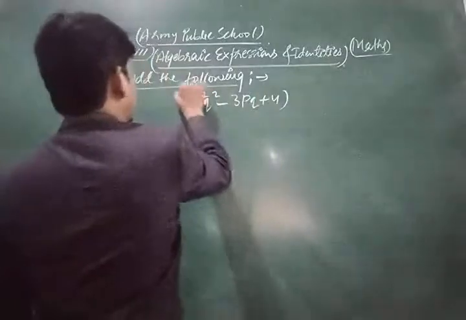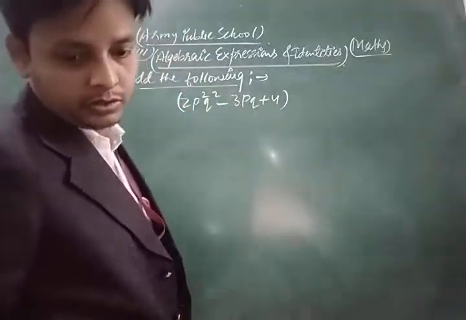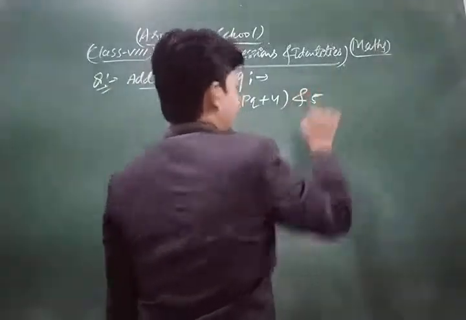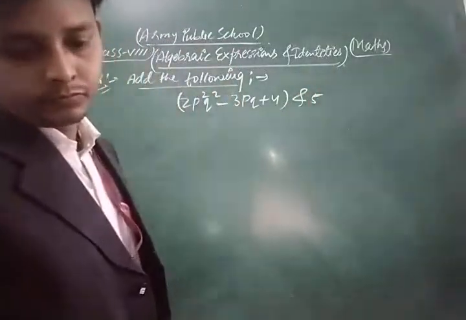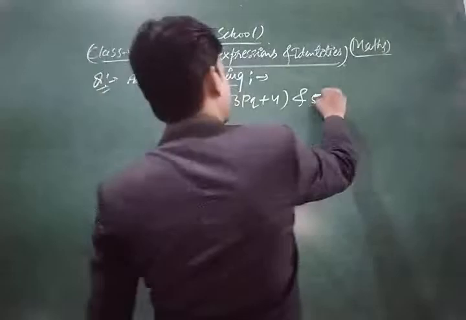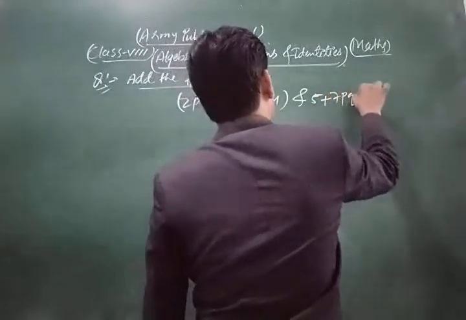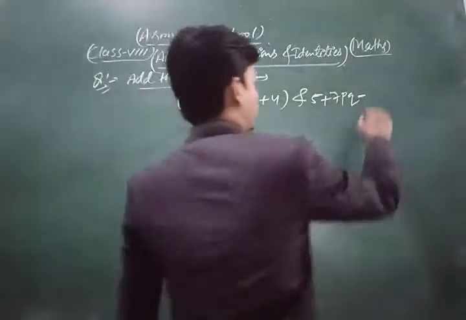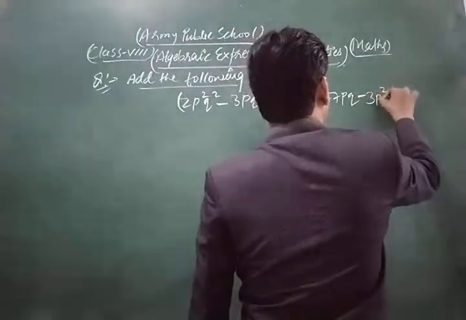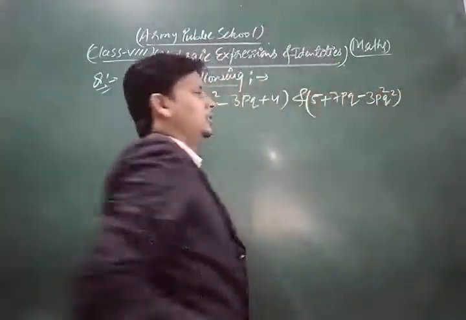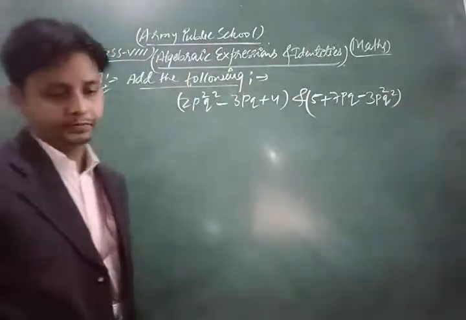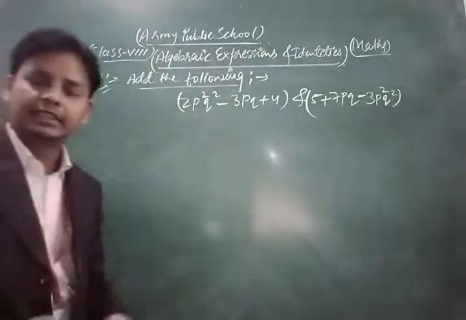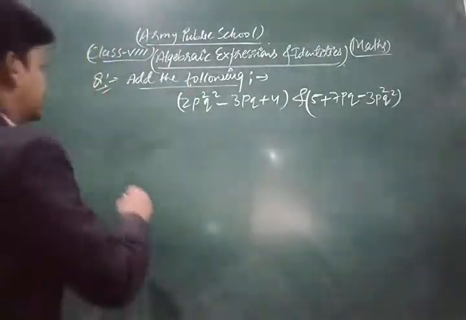This is the first algebraic expression, and the second one is 5 plus 7pq minus 3p square q square. So we are adding these expressions. Let's see the solution.